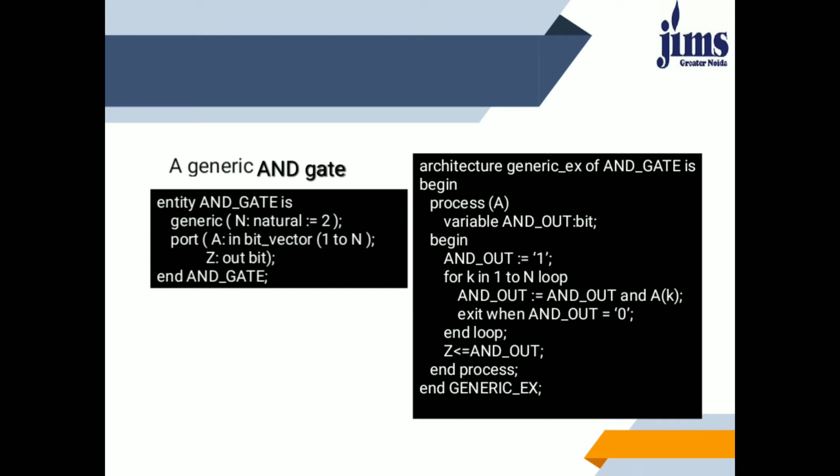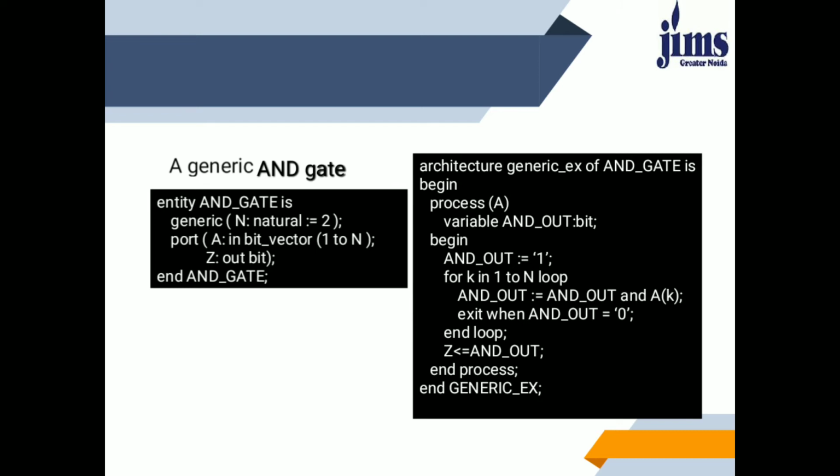So one way is to just write port A, B, C, D, if we specify that the AND gate has 4 inputs A, B, C, D. But if we are not specific about the number of inputs, then we should generalize it to an AND value. This AND value should be a natural number and the value can be initialized in the generic syntax.